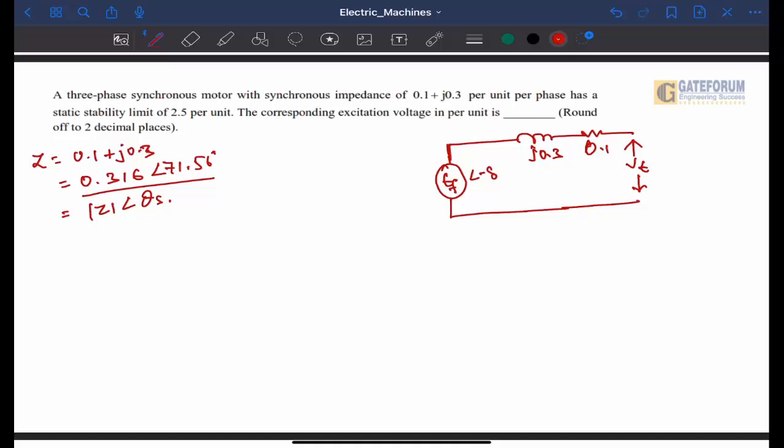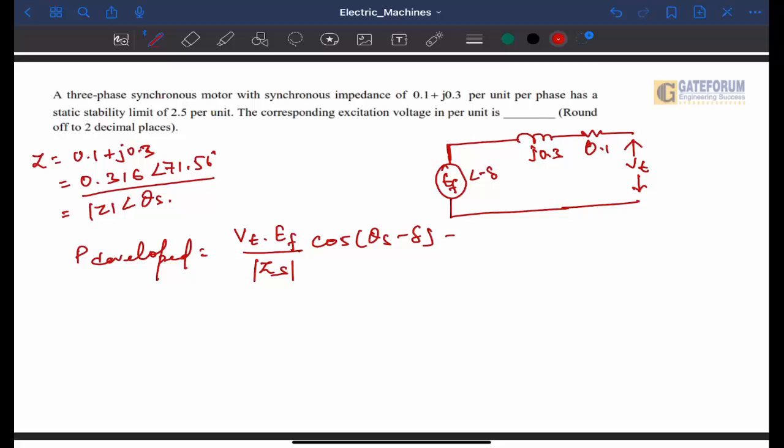In case of a synchronous motor, P developed equals Vt into induced voltage divided by Zs, cos of theta s minus delta, where delta is the load angle, minus Ef square by Zs cos theta s. See, this is a static limit. The static limit is 2.5 pu.